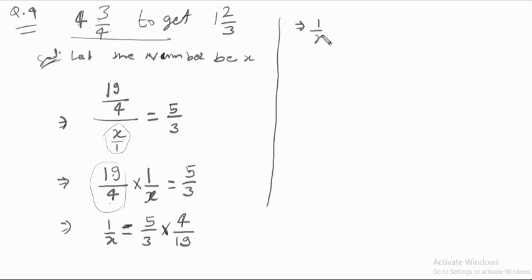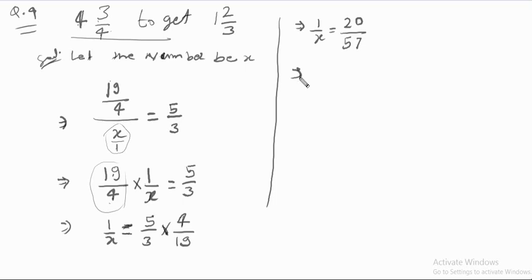1 upon x is equal to 5 4s are 20 upon 3 19s are 57. Right?